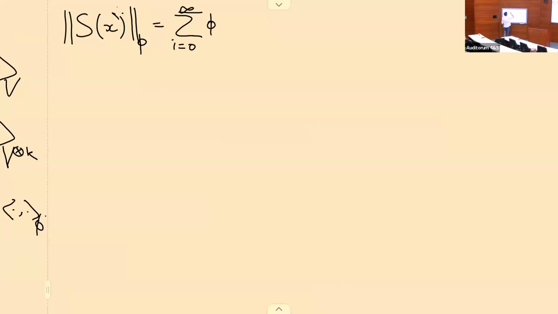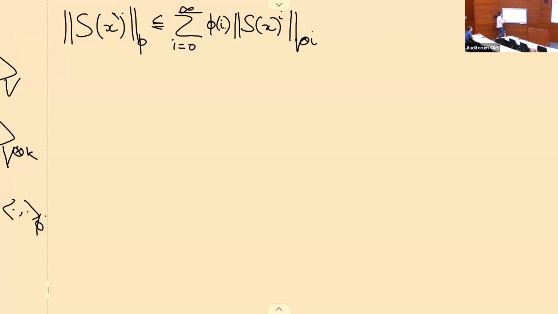Okay, so a simple condition is this. Recall that by the factorial decay, we have that the signature, the full signature, with respect to this norm, is by definition the sum from i equals 0 to infinity of phi(i) times the norm of the signature of X at level i over V tensor i.